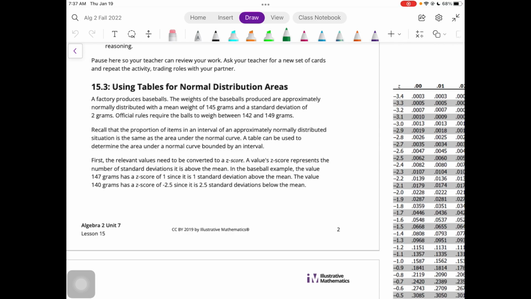First, the relevant values need to be converted to a z-score. A value's z-score represents the number of standard deviations it is above the mean. In the baseball example, the value 147 grams has a z-score of 1 since it is 1 standard deviation above the mean. The value 140 grams has a z-score of negative 2.5 since it is 2.5 standard deviations below the mean, so it's negative.